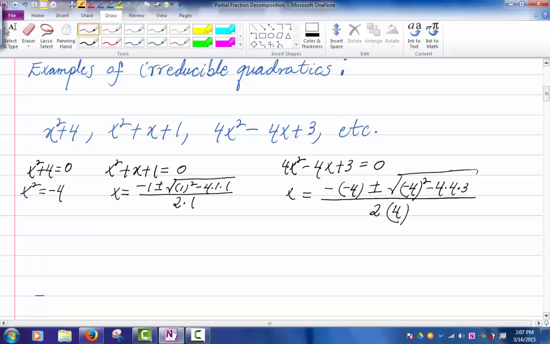I don't even have to look at the denominator. The main thing you want to look at is the quantity inside the root, and that's the negative quantity. Is everybody clear? The first one is 4 squared, which is 16, minus 4 times 4, which is already 16, times 3. So that's negative. So this discriminant is negative, and that tells you that the quadratic is an irreducible quadratic. Is everybody clear why these are irreducible?